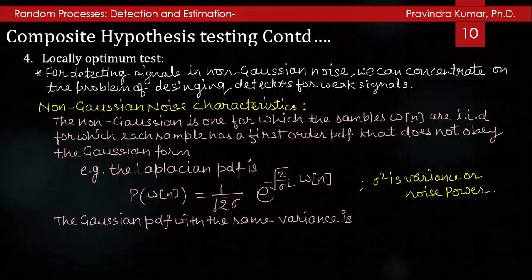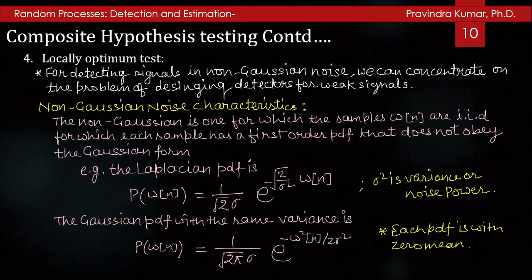And similarly, the Gaussian PDF with the same variance sigma square will be 1 by root 2 pi sigma e to the power minus w square by 2 sigma square. So you can see the comparison for the same variance and different PDFs, the Laplacian PDF and the Gaussian PDF, each having zero mean.